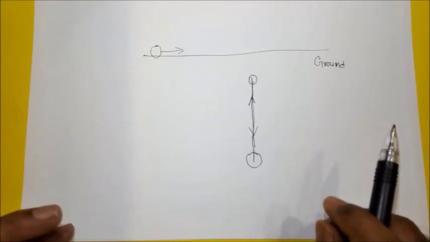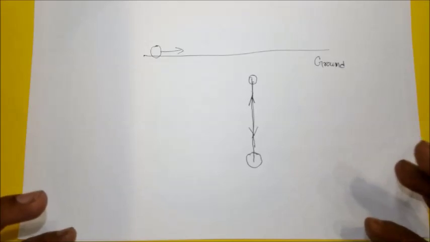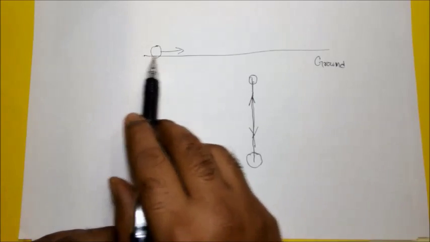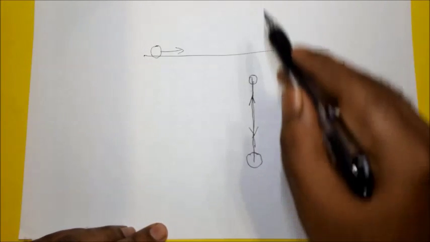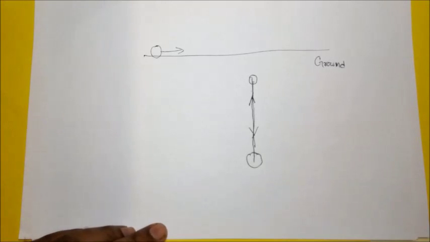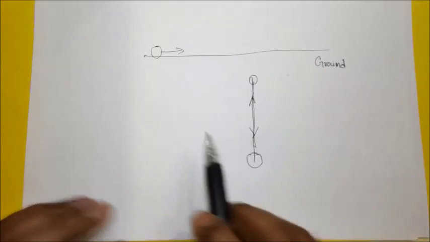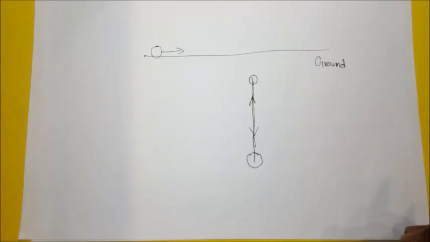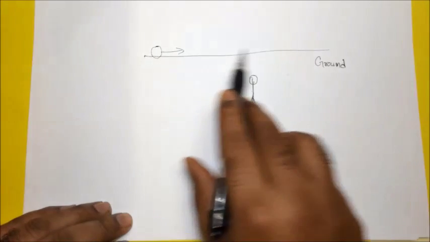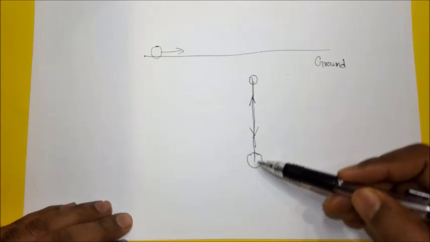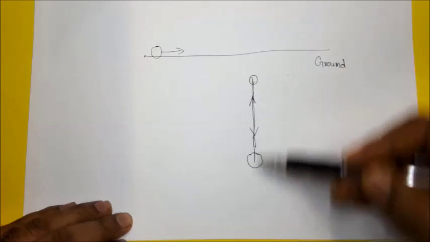So this type of motion that occurs in a horizontal plane or in a vertical plane is known as motion in one dimension. In other words, here only the x coordinate is changing, here only the y coordinate is changing.